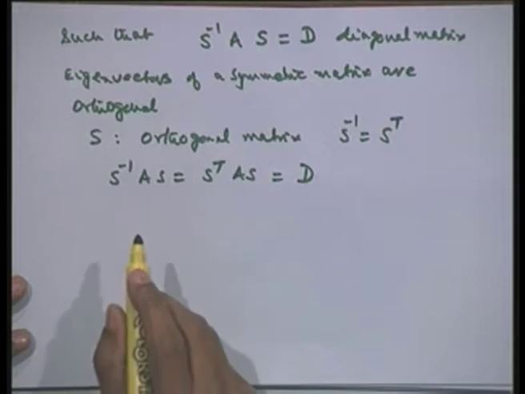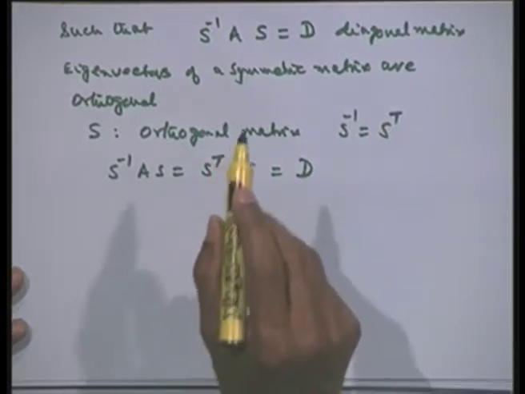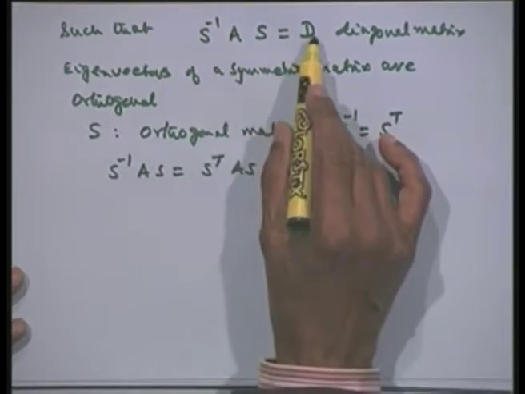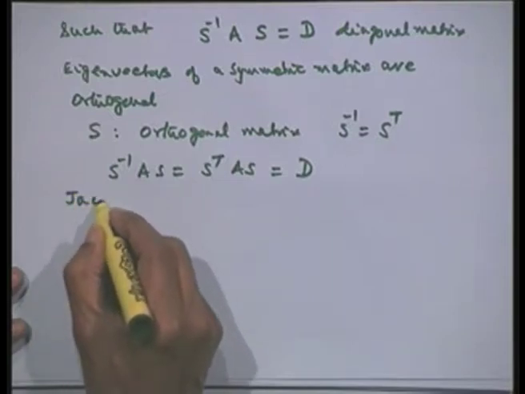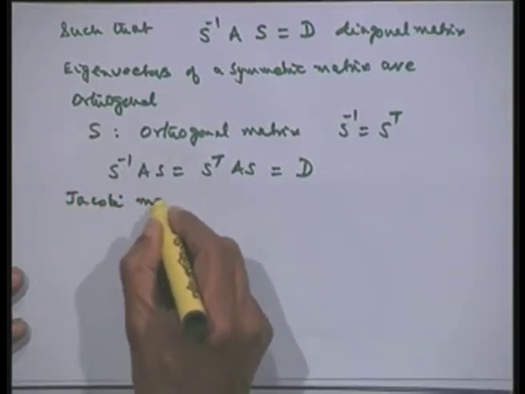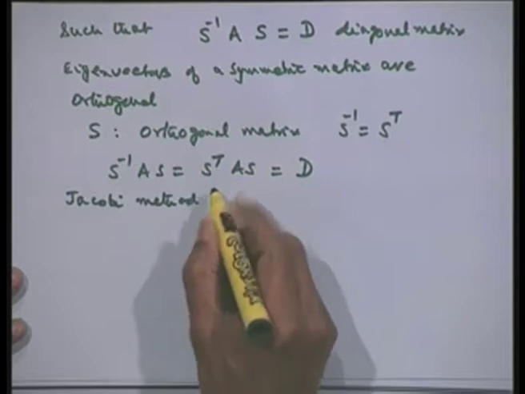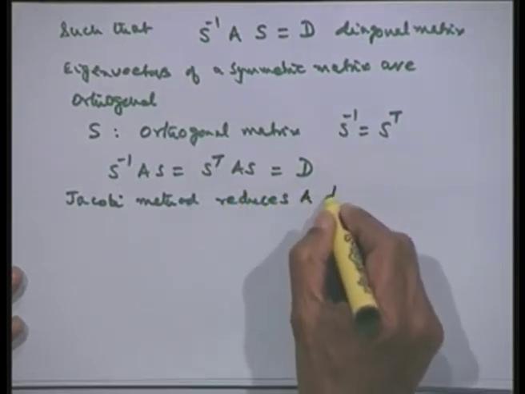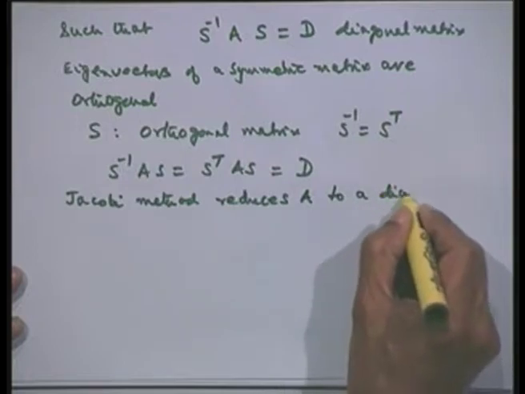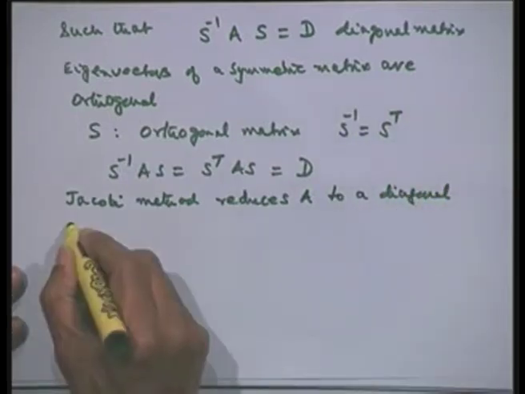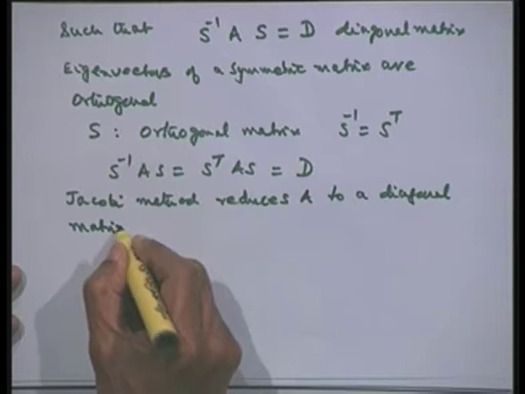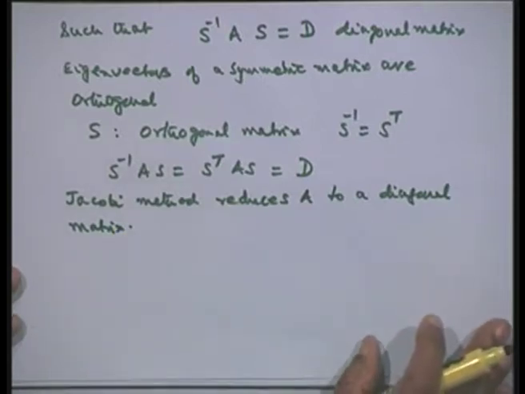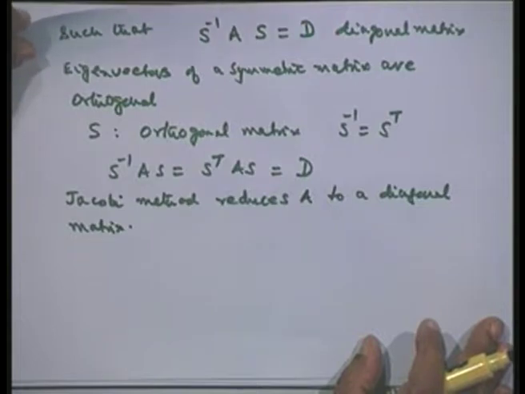Now, the Jacobi method attempts to reduce the matrix A to a diagonal matrix.